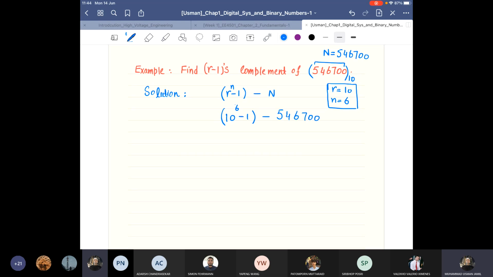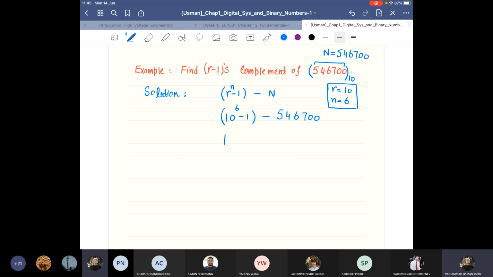Now this is important. This means that 10 raised to power 6 means the number of zeros is 6 in this case.